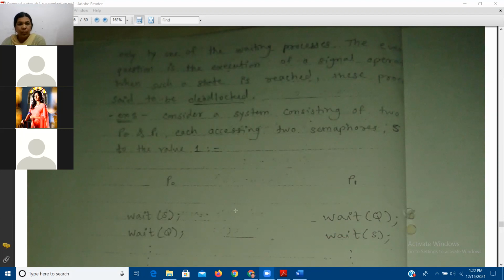Okay. So process P0 is waiting for the variable S, that is the first resource.